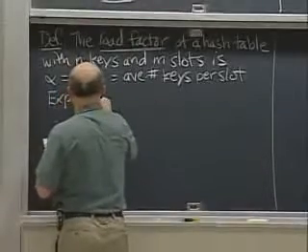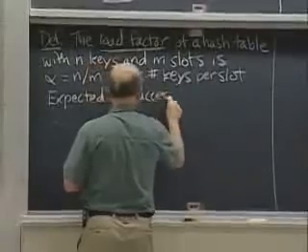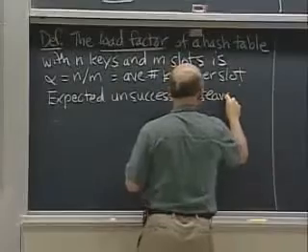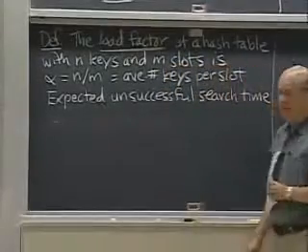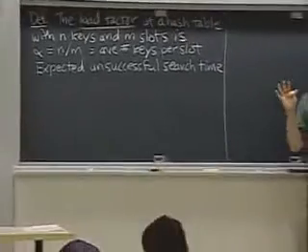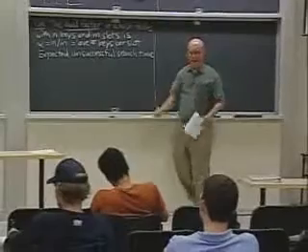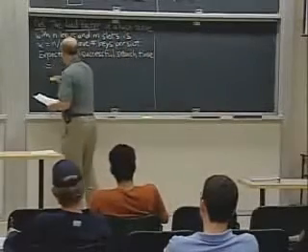So the expected unsuccessful search time. By unsuccessful search, I mean I'm looking for something that's actually not in the table. It's going to return nil. I look for a key that's not in the table, and it's going to be what?